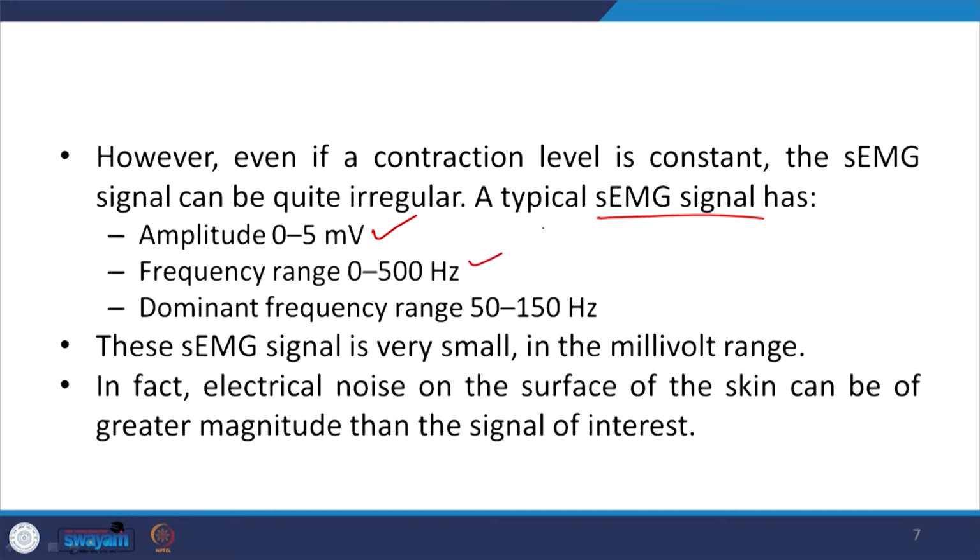Frequency range is 0 to 500 hertz, and the dominant frequency range is around 50 to 150 hertz. Okay. And as I said, these signals are very small in the millivolt range, say 5 millivolt. Okay. And in fact, electrical noise on the surface of the skin can be of greater magnitude than the signal of interest itself. Okay. So, this is there.